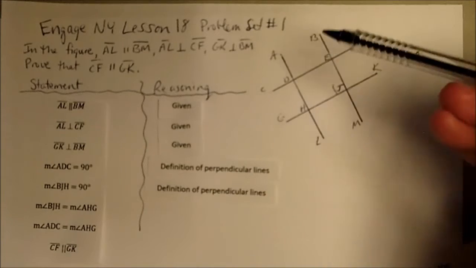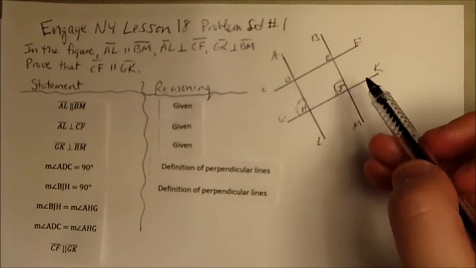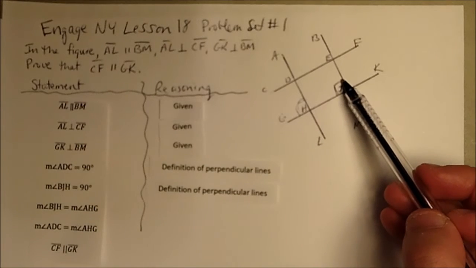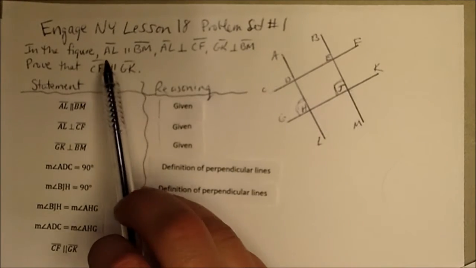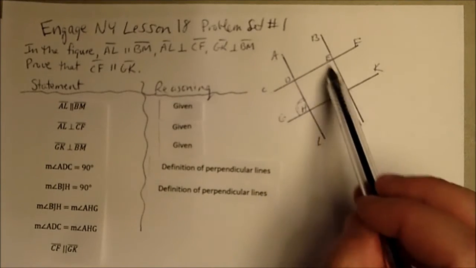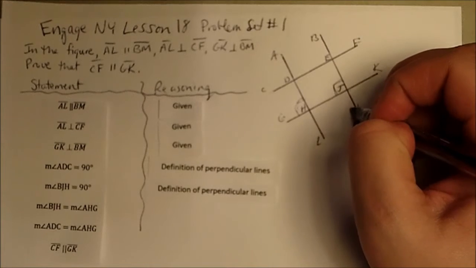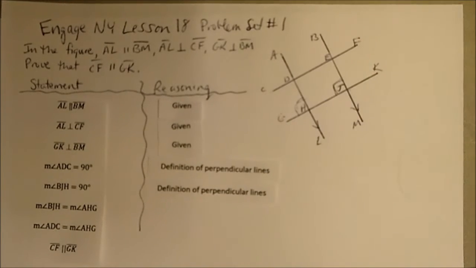So we have this angle here and this angle here, and they are equal to each other. Now, how do we know this? Well, our other piece of information is that AL is parallel to BM. So these are parallel lines, and we can write the little arrows in here to show that they're parallel.